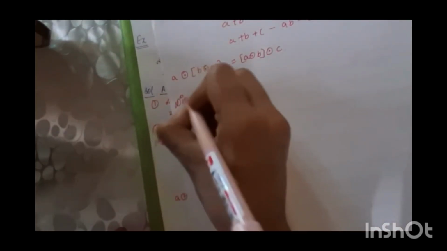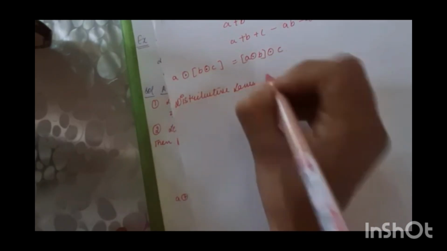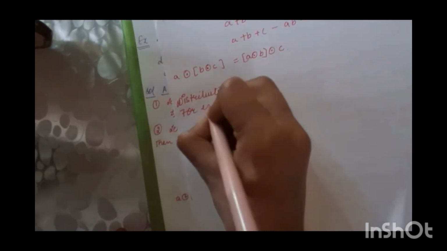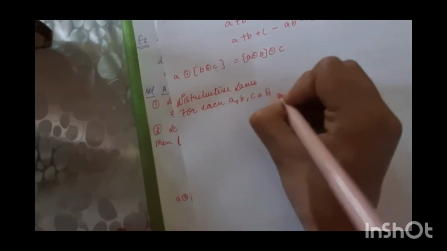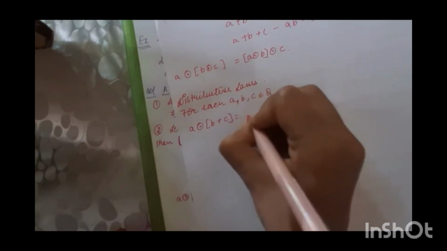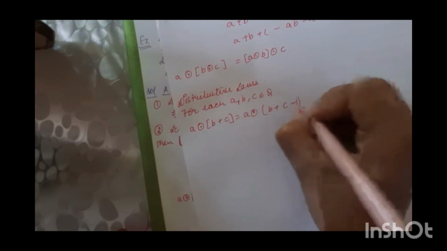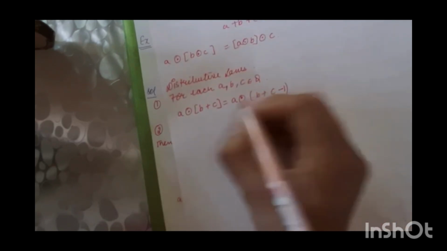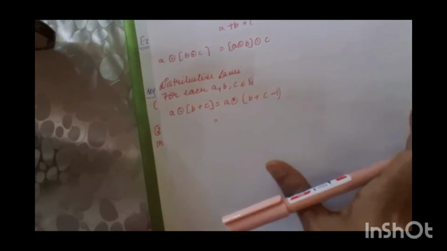Now we'll show the distributive laws. So for each A, B, C belonging to Q, A operating on B plus C will be written like B plus C minus 1. This is basic maths, so I'm not going deep into the explanation. Every math student, postgraduate and graduate, can do this.